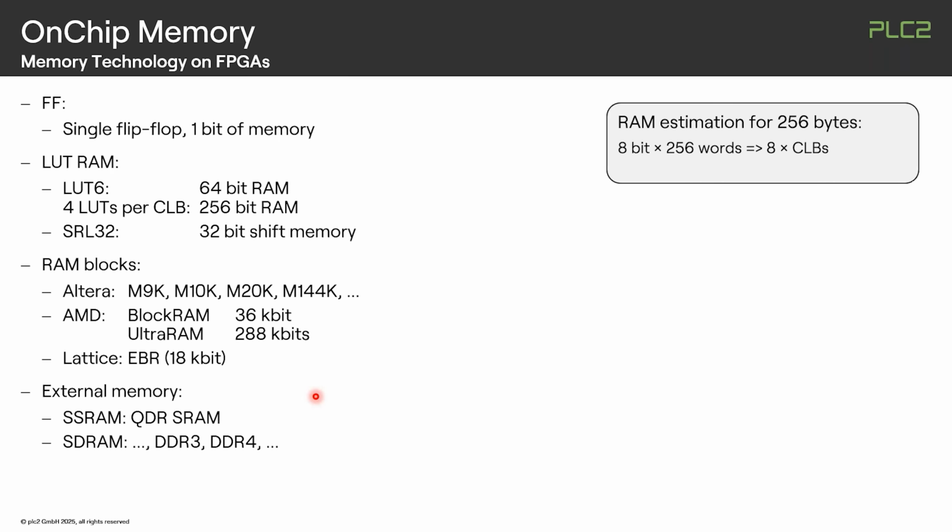Just doing a rough estimation here, let's take a RAM implementation for 256 bytes that we need. So 1 byte is 8 bits times 256 words. We can implement this in 8 CLBs. It's a very dense implementation. We don't need to jump directly to BlockRAMs.